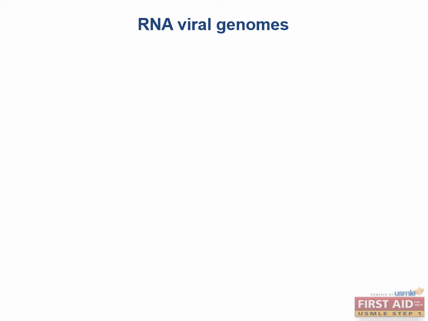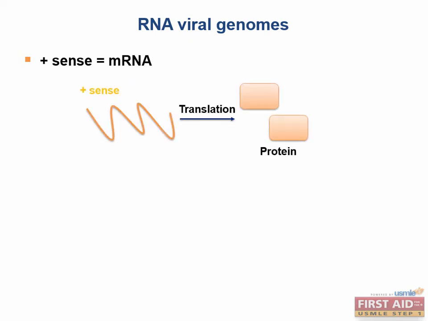So to make it simple, positive sense RNA molecules are mRNA molecules. This means that they are directly translated into protein by ribosomes, just like the messenger RNA is supposed to.